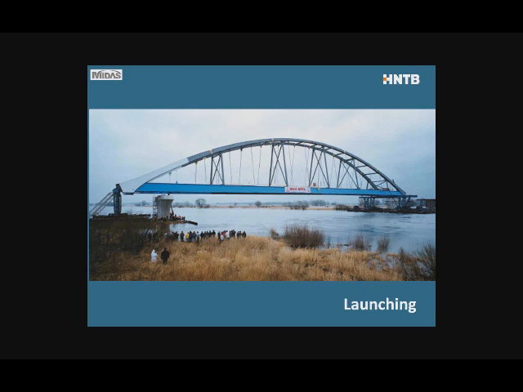So when they're ready to slide out the arch, they just push the barge out, the rear end gets dragged along with it, and then they place the arch on the bearings. This is actually a similar scheme we're considering for the portal bridge.